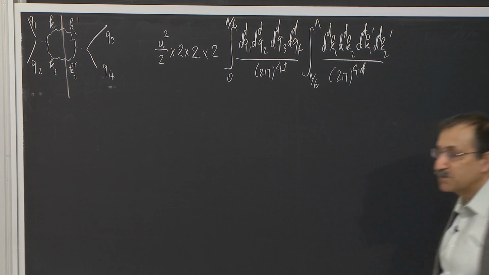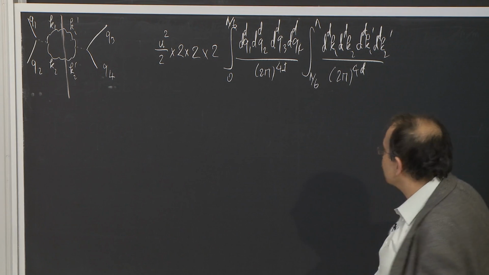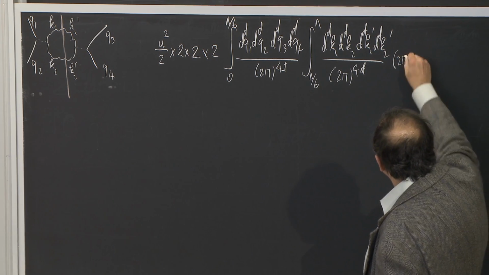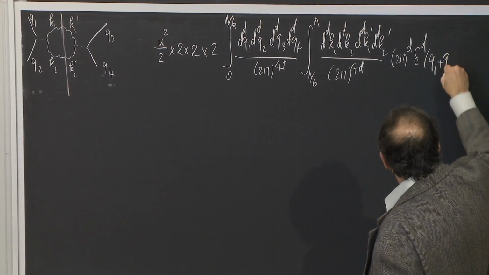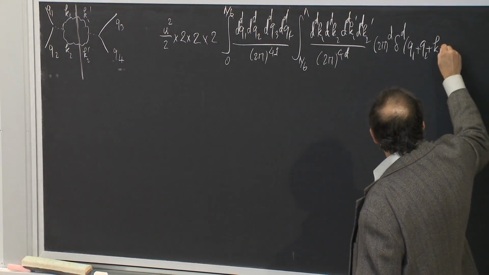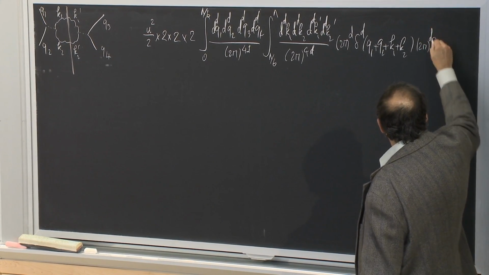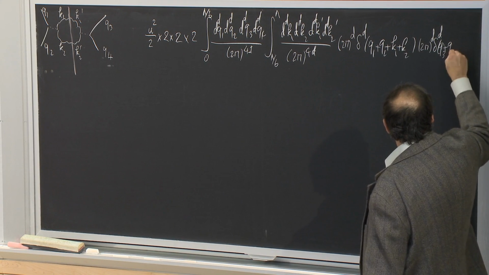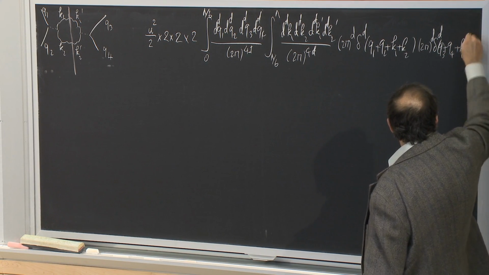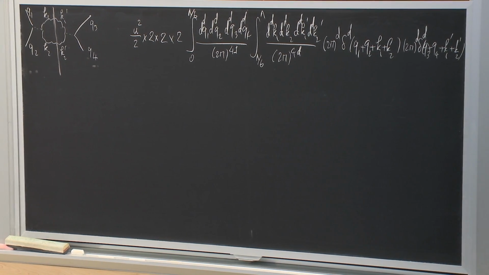And if I explicitly decided to write all 4 momenta associated with a particular index, I have to explicitly include the delta functions that say the sum of the momenta has to add up to 0. Okay.